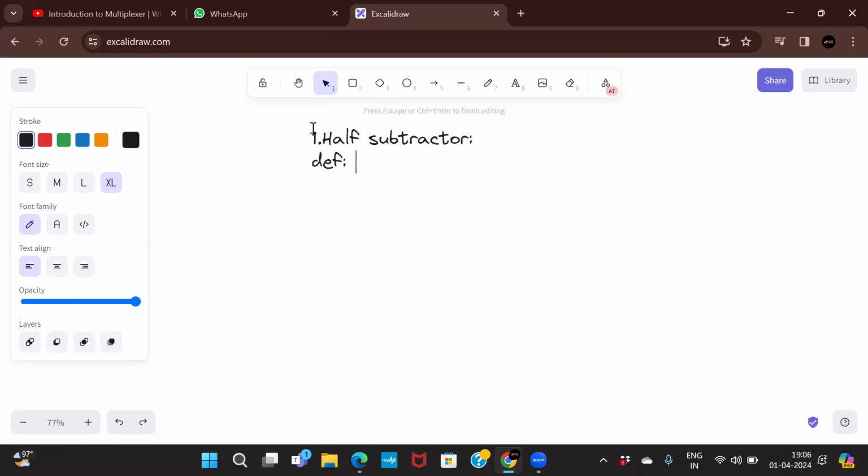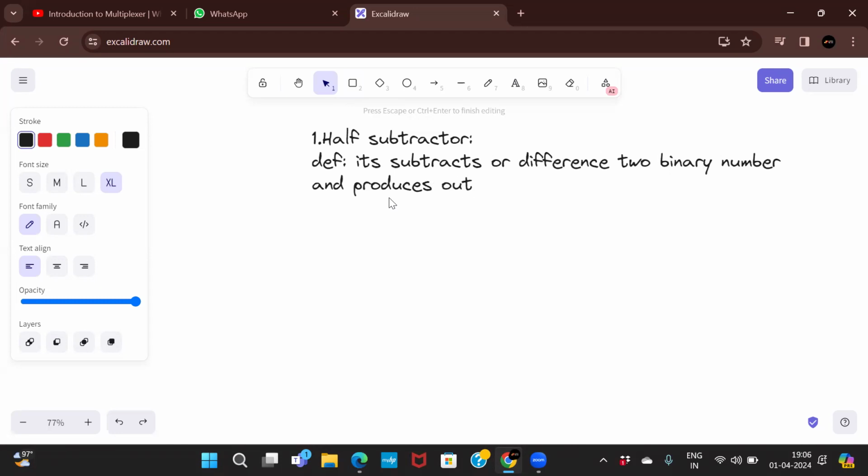Definition: generally it subtracts, or finds the difference of, two binary numbers and produces the outputs difference and borrow.